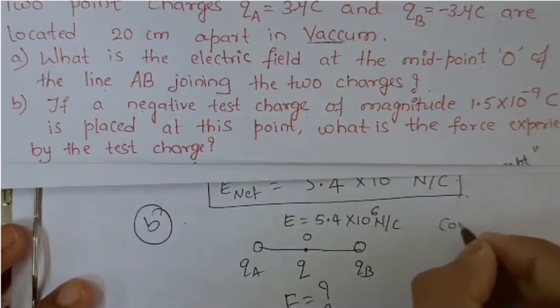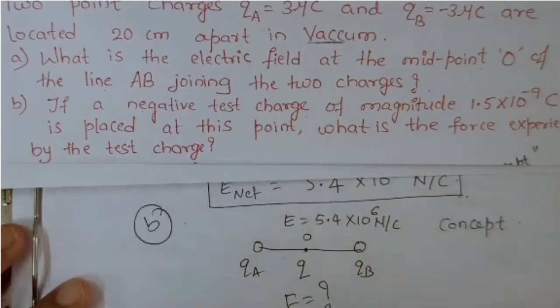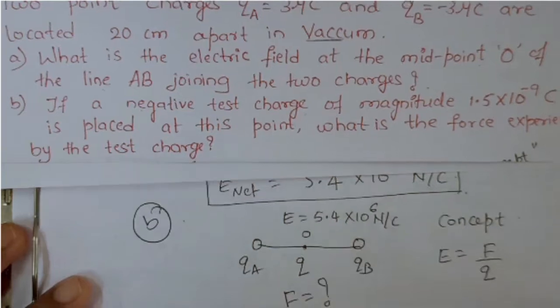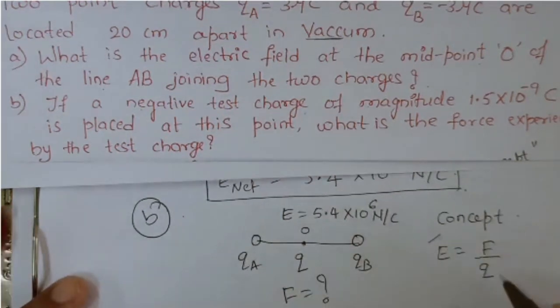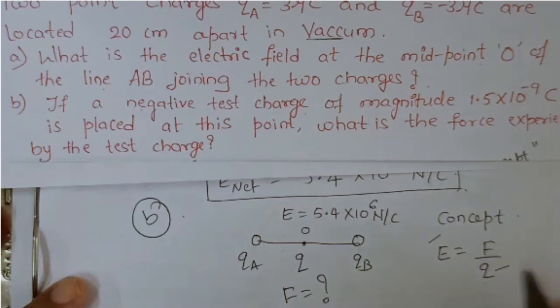So what is the concept used over here? Very basic concept, the electric field definition, the literal meaning of electric field. What is it? Electric field is force per charge. Now you know the electric field, now you know the test charge, a negative test charge it is. So can you find F?